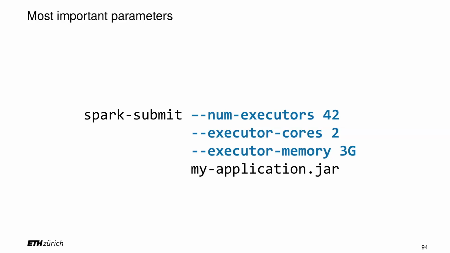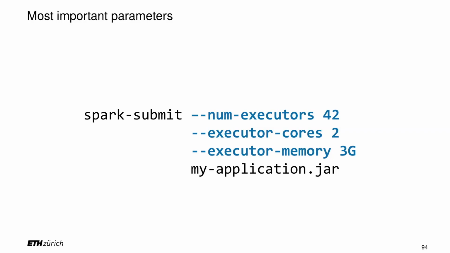I need 84 cores. 42 executors with 3 gigabytes per executor means I need 126 gigabytes of memory. So you need to check that whatever cluster you're using has these resources, right? If you don't have a cluster with enough cores or enough memory, it's not going to create 42 of them. Maybe it's only going to create 20 of them, right?